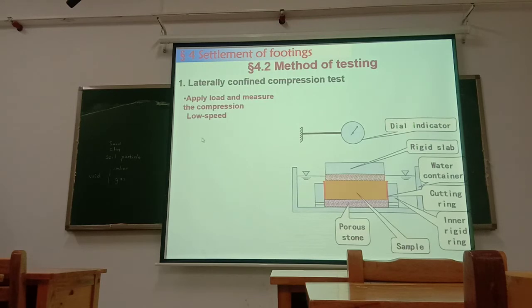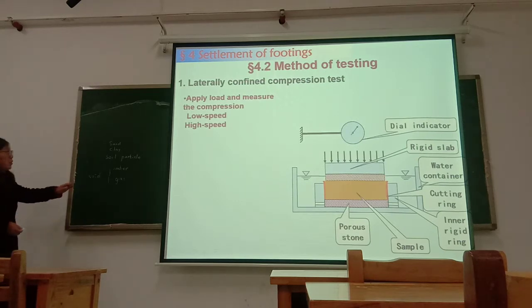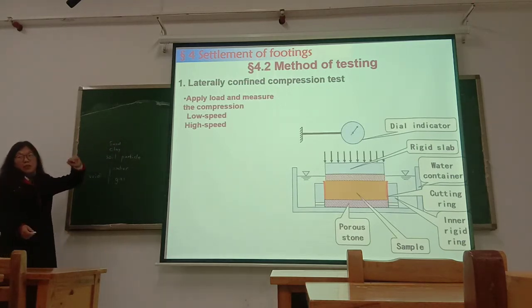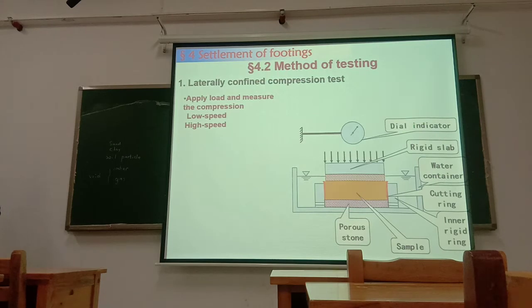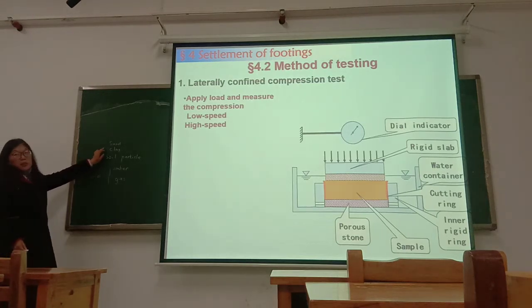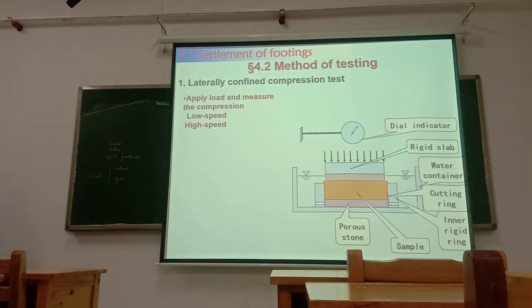Here are two methods, one for low speed, another for high speed. If the soil sample is a sand sample, we can use the high speed test. If the soil sample is a clay sample, then we use the low speed test.